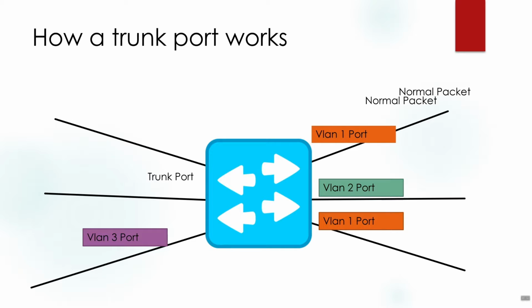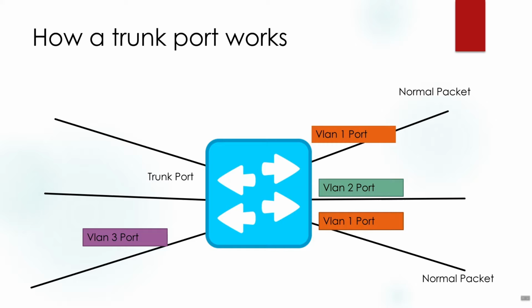So let's see an example of how that works. So up here, you have a normal packet coming into VLAN 1. The normal packet goes into the switch and comes back out completely unchanged, into a VLAN 1 port and out of a VLAN 1 port.